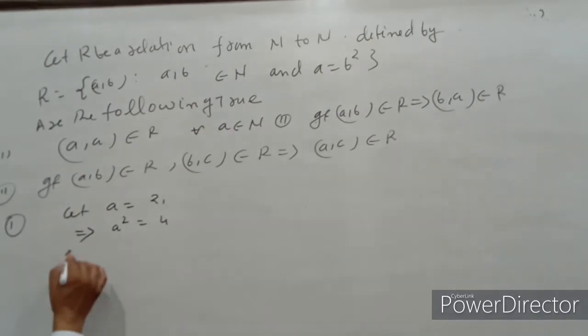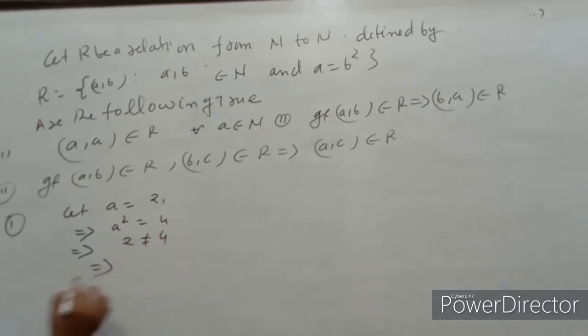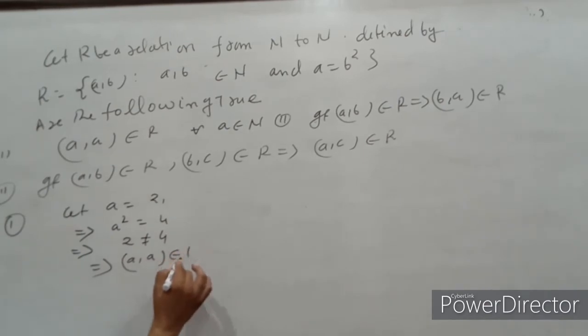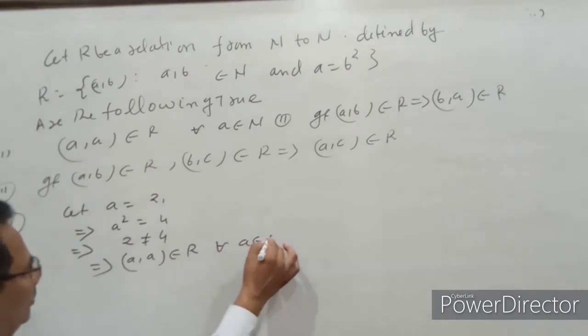So this implies that a, 2 not equal to 4, or this implies that a not belong to R, for all a belong to N.